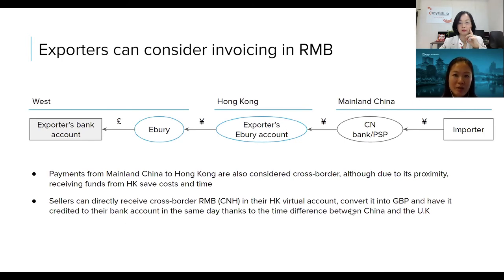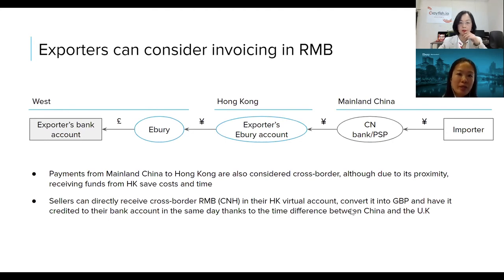Because there's not any time difference, and sending funds from mainland China to Hong Kong is almost instant. So how it works is that IBRI would provide a bank account in RMB under the name of the exporter in Hong Kong. In mainland China, the importer would pay RMB directly through their bank or through their local payment service provider. And then this RMB would arrive into the exporter's account in Hong Kong almost instantly.